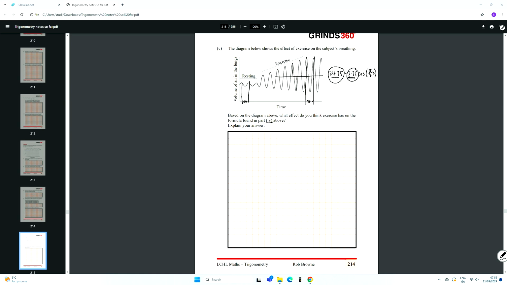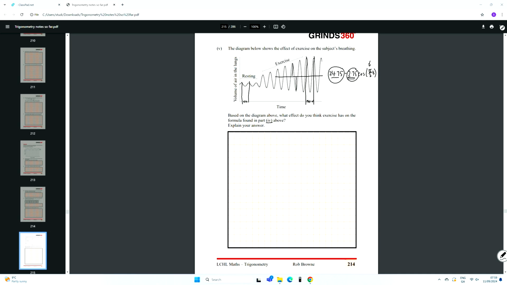Maybe it's a little bit bigger, but the key thing here is any answer I give should just indicate that I understand that that number there is related to the period, and how often it takes to repeat this. So even though you might feel in your own heart and soul, and having done biology, that probably the breathing rate, the period should change, I'm not sure there's very much evidence for it on the graph.